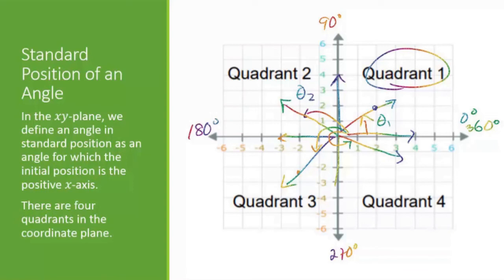Of course, if we're in quadrant 4, your x components must be positive and your y components must be negative. So we'll spend a lot of time talking about what happens to the trig functions in each of these quadrants. We will start talking trigonometry in terms of right angle triangles, but we can always move trigonometry to the coordinate plane and talk about it in these 4 quadrants as well.